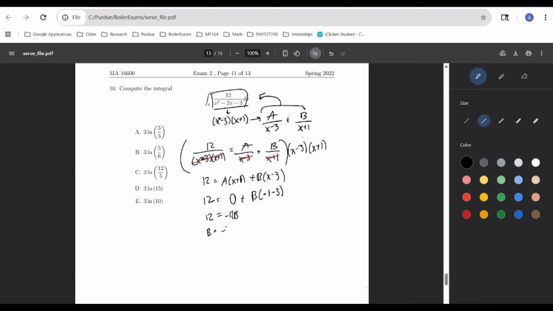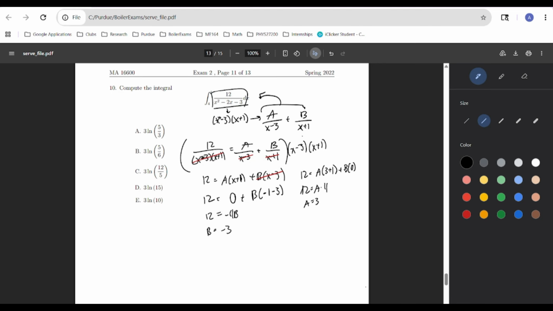Now you can see that B is equal to -3. And we can do the same thing for A. If I plug in 3 to cancel out the B term, 12 is equal to A times (3 plus 1), plus B multiplied by 0. 12 is equal to A times 4. We can see that A is equal to 3.